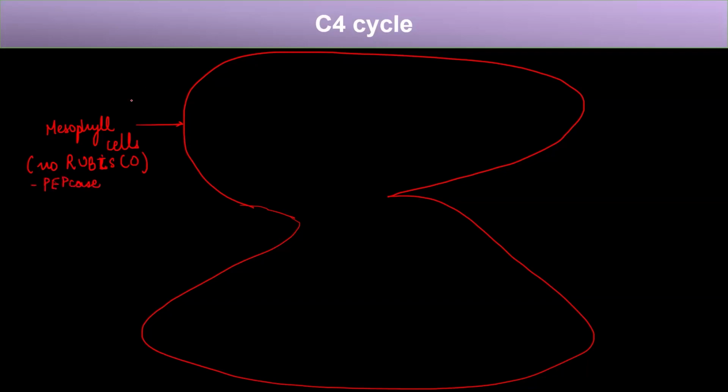Now, this PEP carboxylase is involved in initial carbon dioxide fixation. So what happens? From the environment, the CO2 comes inside the cell.